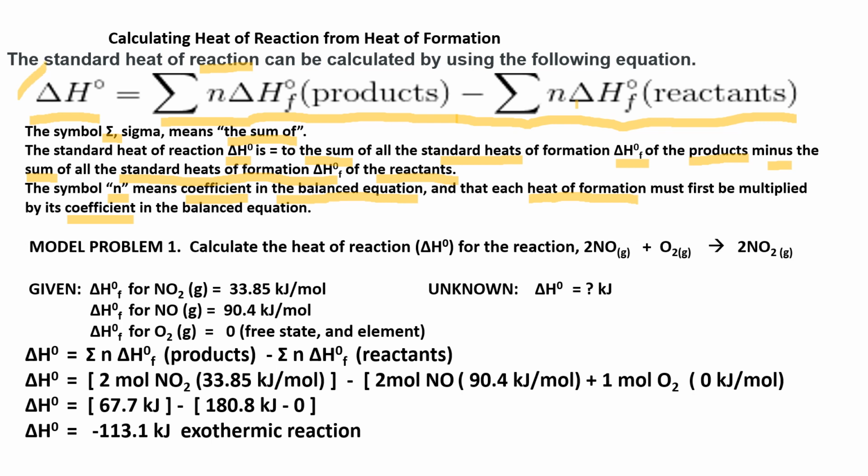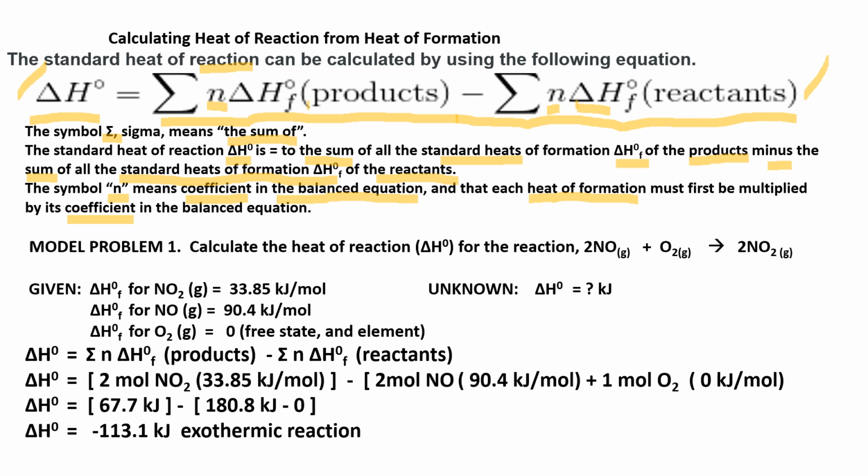Delta H is equal to the sum of all the delta HF of the products minus the sum of delta HF of the reactants. So N is the coefficient, multiplied by the delta H of formation. Likewise, the N here, again, is the coefficient, multiplied by the delta HF of formation of the products.